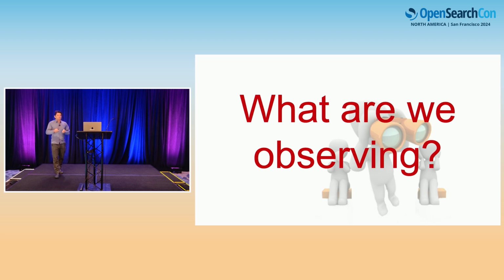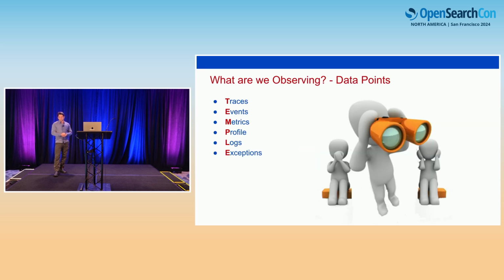So these observations are related to data points, and these data points have structure. And what is the structure of observability? The three famous pillars, which we can say all together: traces, metrics, and logs. This is the famous three. But it's not only this. There are more than these.